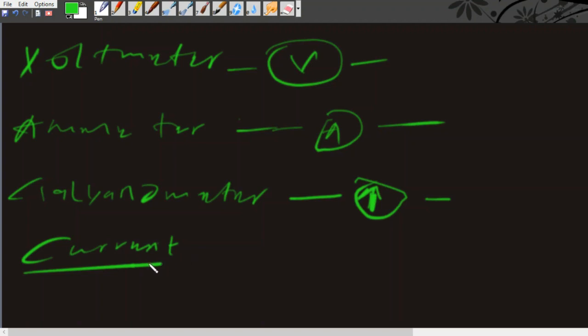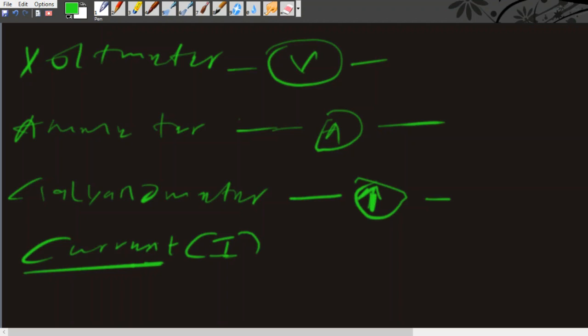So we represent current by I. You're going to discover that in most of the books they represent current by I. The definition of current is the rate of flow of charge.